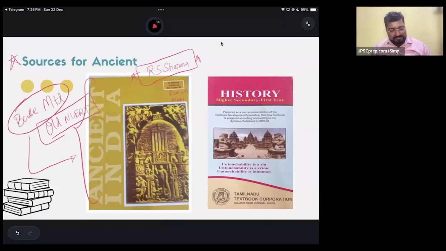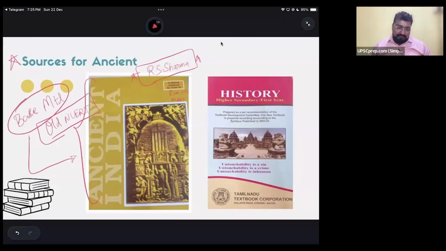You should start from this particular book. Okay, read it word by word. No need to make notes in the first reading. I'm again telling, in the first reading you need not make notes. First reading is a kind of understanding the things, how the things are proceeding, what all things are there in these books, right?